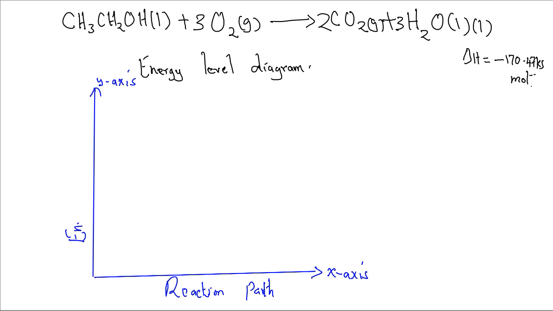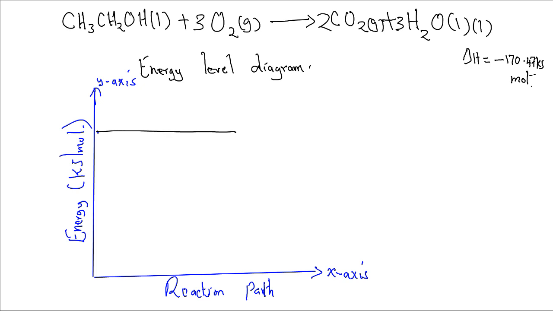Then there is energy in kilojoule per mole. So we have the reactants at a higher level because heat is lost or released. So that is the reactant.